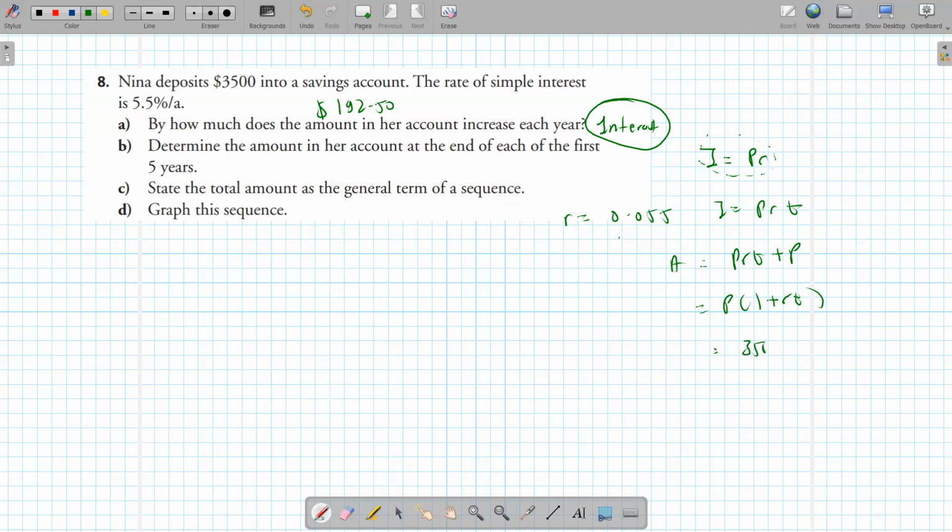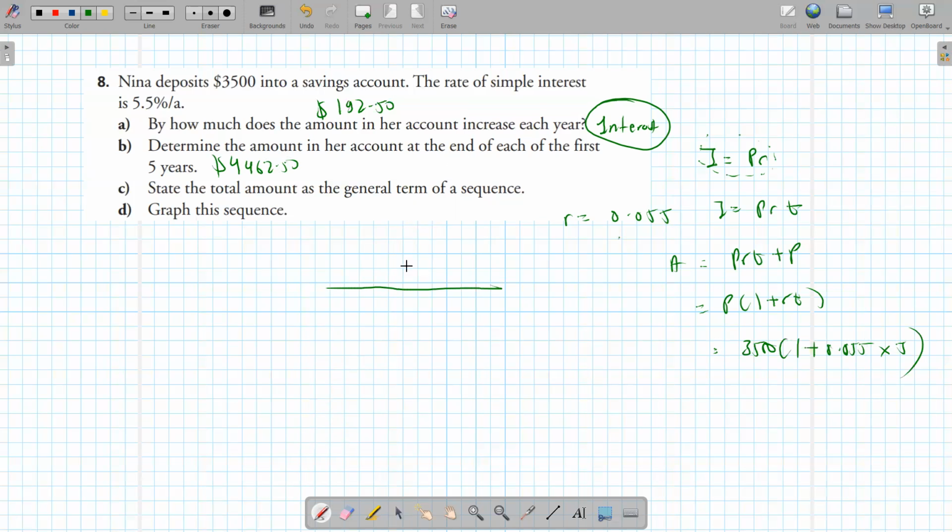So 3,500 times 1 plus 0.055 times T, where T is 5 here. So 1 plus 0.055 times 5, and multiply this with the initial amount. So there's $4,462.50 after 5 years. But it says at the end of each year.